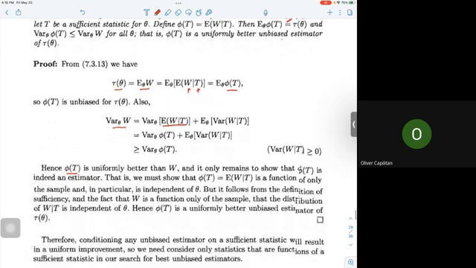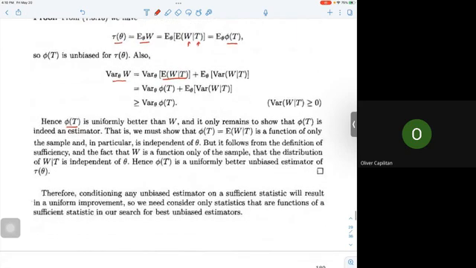It follows from the definition of sufficiency and the fact that W is a function only of the sample that the conditional distribution of W given T is independent of theta. Hence, phi of T is a uniformly better unbiased estimator of the function of the parameter tau of theta.